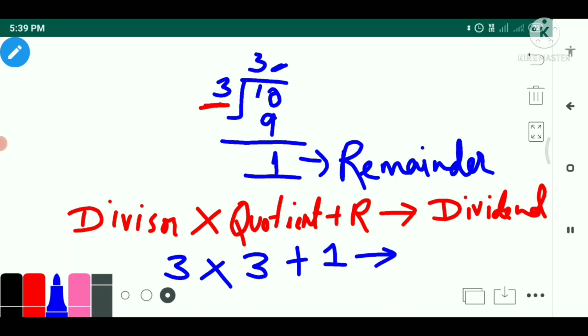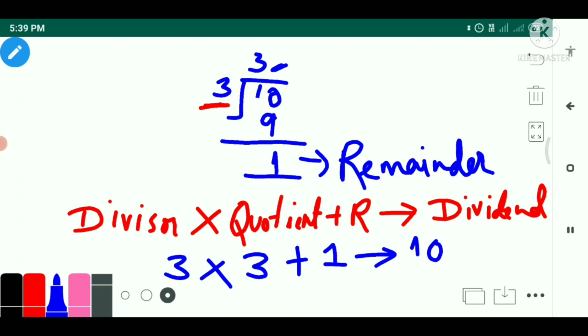After multiplying and adding these numbers, what do we get? 3 3s are 9. 9 plus 1 is 10. So we got the dividend. This is how we can check our answer. I hope that you have understood how we can check our division answer.